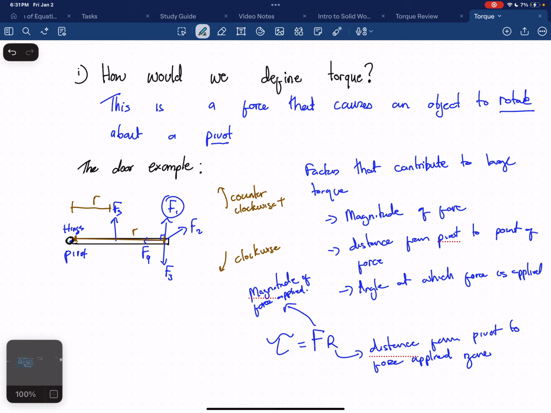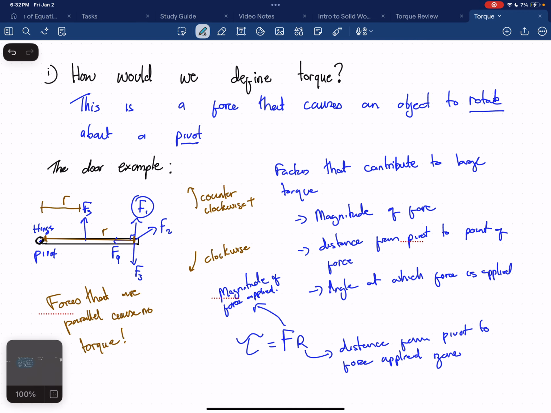Then F4 won't even open the door because the force is parallel to the radial line, to R. Forces that are parallel cause no torque.